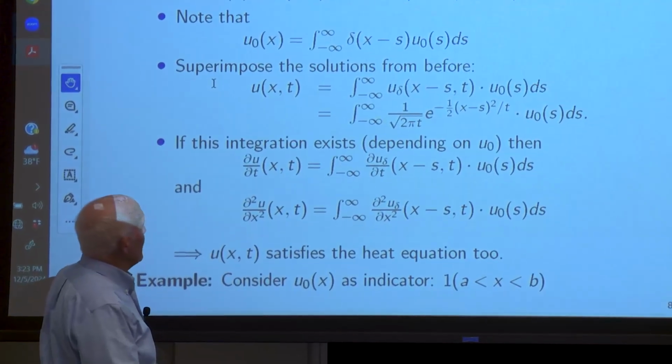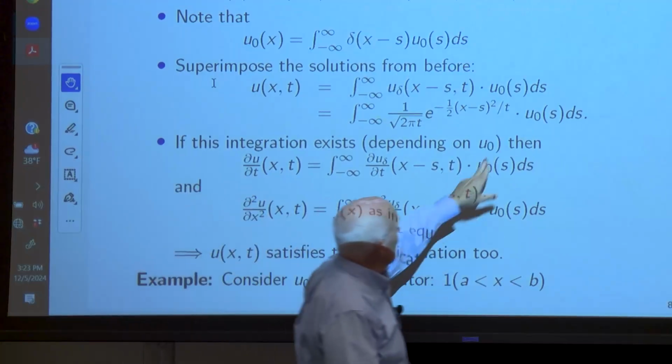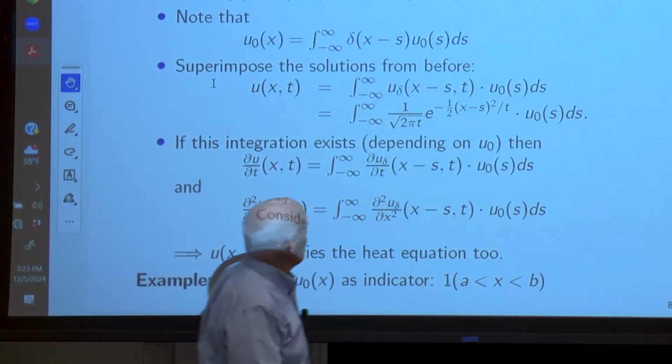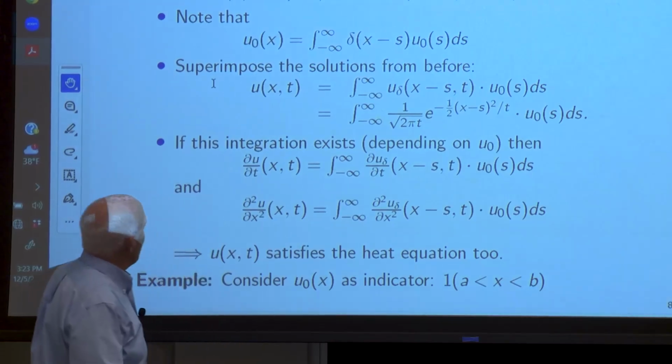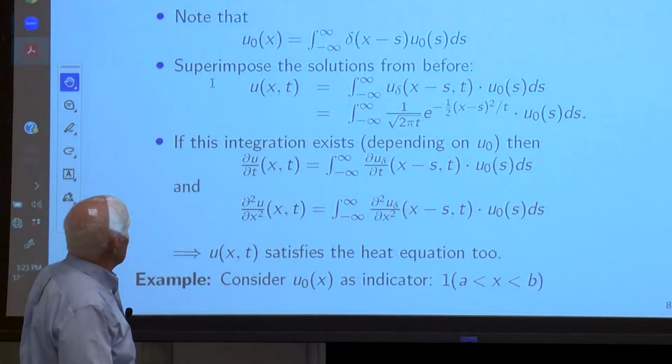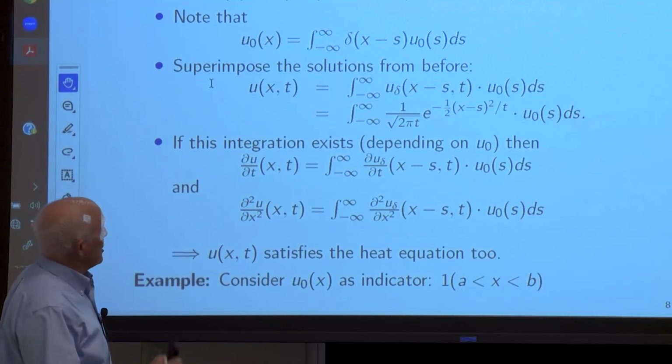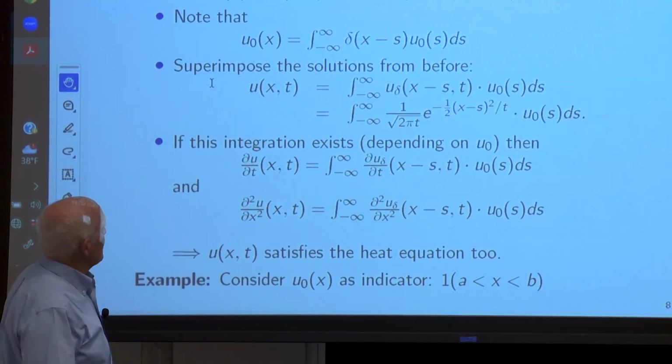So for any initial condition function u naught of s, this integral will in fact give us the solution function u, whose initial value, u of x, 0 equals u naught.